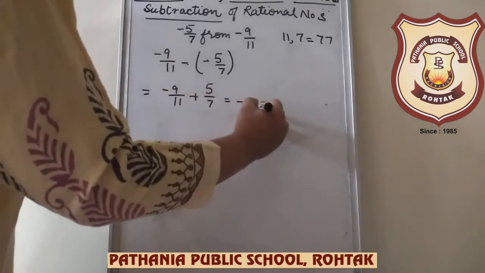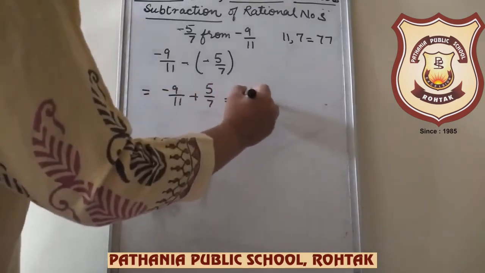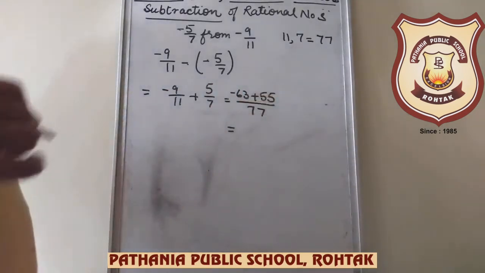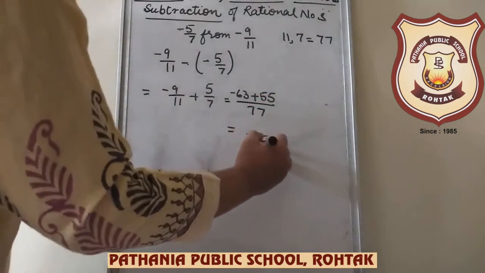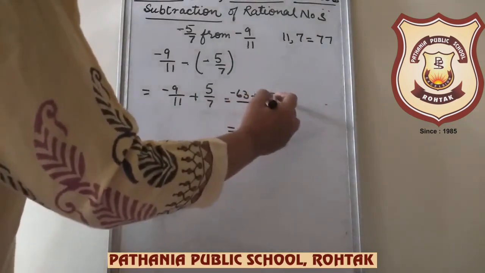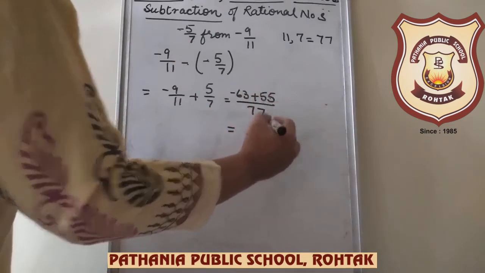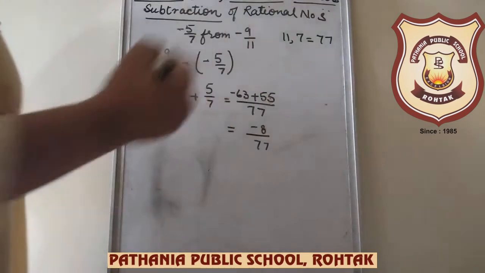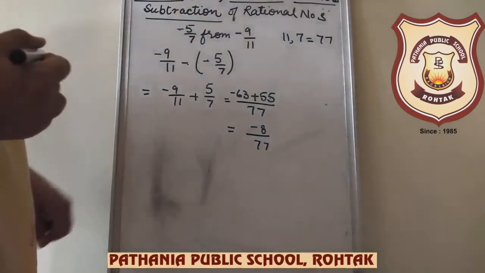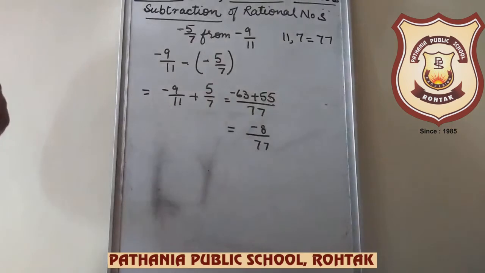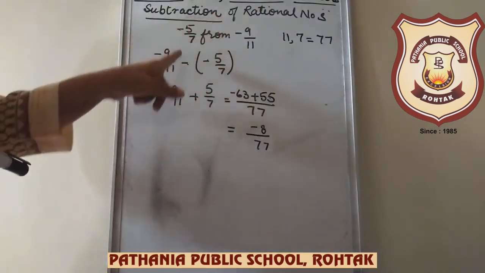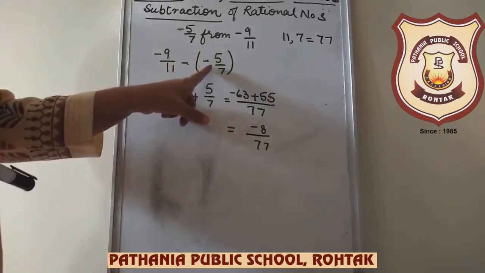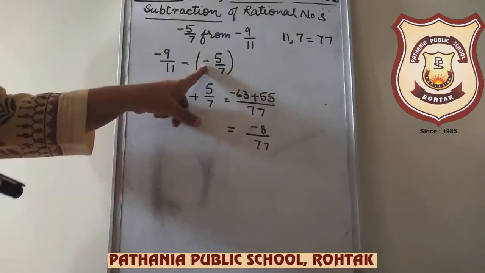Now 77 minus 63 and plus 55. This is the only change that will come over here. So 13 minus 5, 8, and this will become 5. So minus 8 upon 77 is the answer. Is it clear how to change the sign? So always put in the bracket if the second rational number is negative.